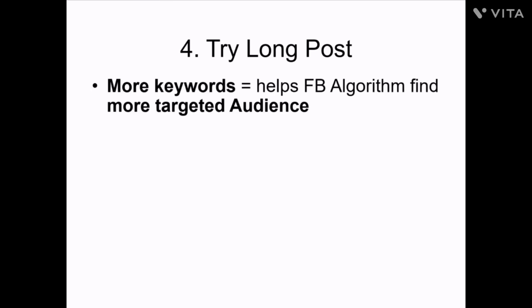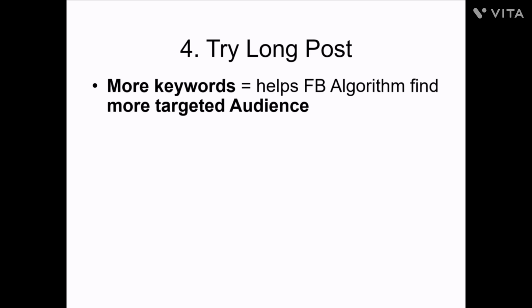Now, tip number 4, try out long posts. This might sound counterintuitive, because a lot of people who try running Facebook ads for the first time might intuitively think that a short ad is a lot better because of people's short attention span. We find that writing long posts actually helps bring in a more targeted audience. Why would that be the case?